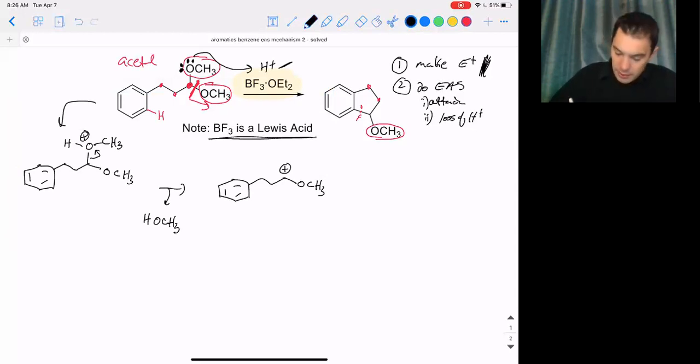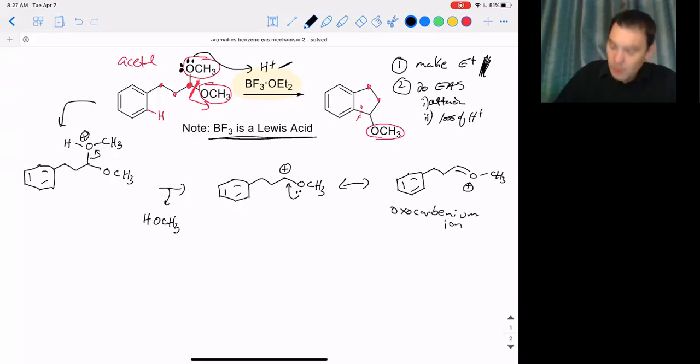And acetals typically react through the resonance structure that I'm going to draw here. And this is what we call an oxocarbenium ion.